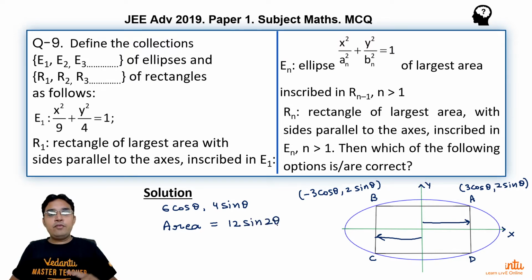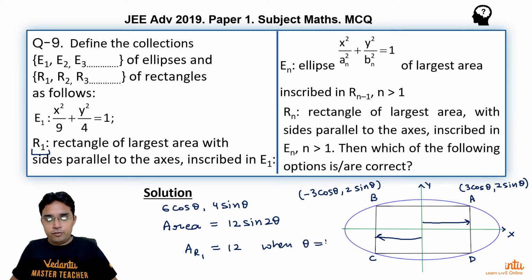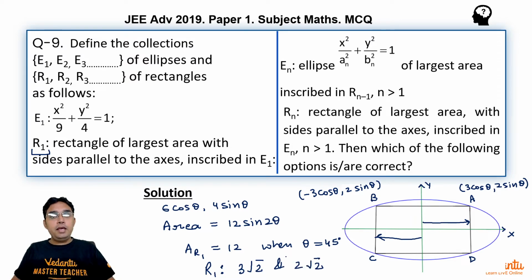So the maximum value of this area, which will actually be the area of R1, let me write this as AR1, will be 12, and this 12 will be when we take theta equal to 45. So this will give us the sides of R1 also. Sides of R1, if you put theta as 45, would be 3 root 2 and 2 root 2. These are the sides and 12 is the area.